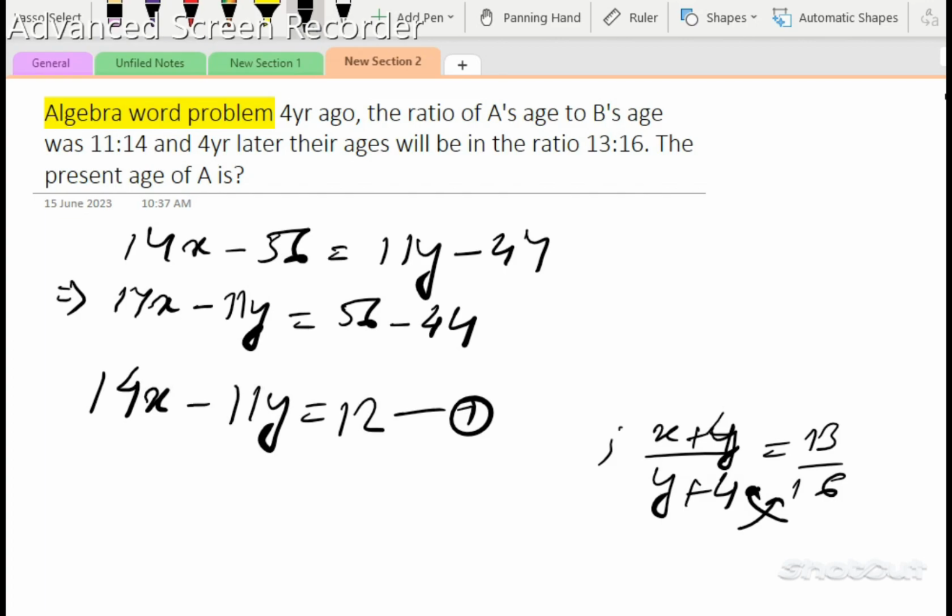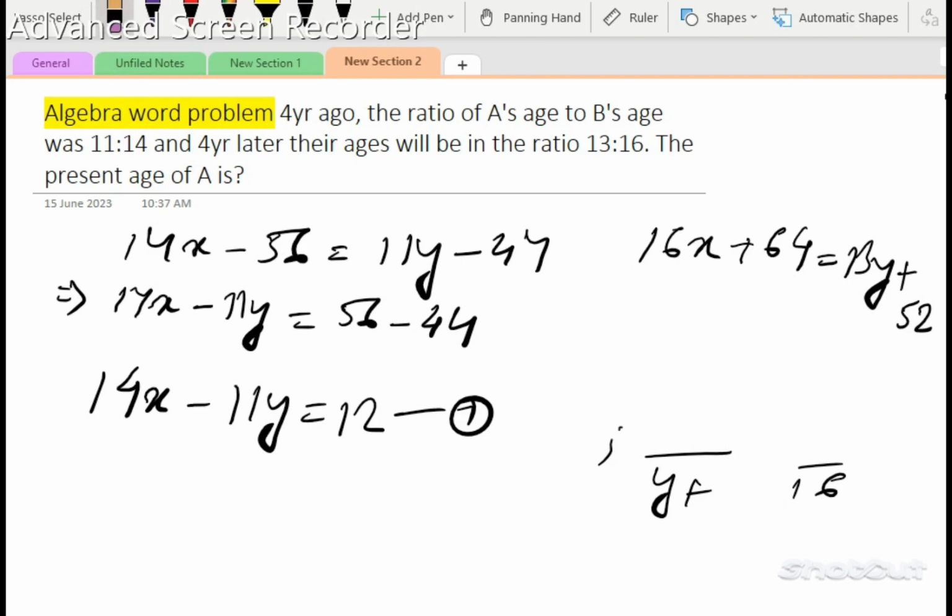And if you solve the other one, you'll get 16x plus 16 times 4, which is 64, equals 13y plus 13 times 4, which is 52. Keep up with the equations, and I would suggest that you pause the video and try it out yourself.